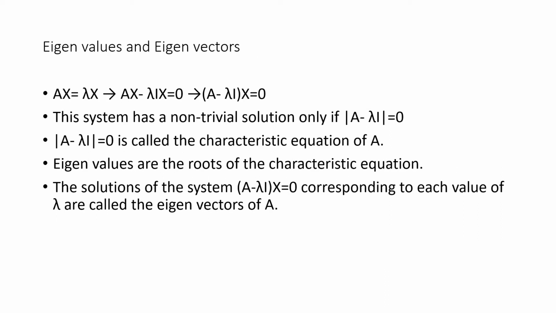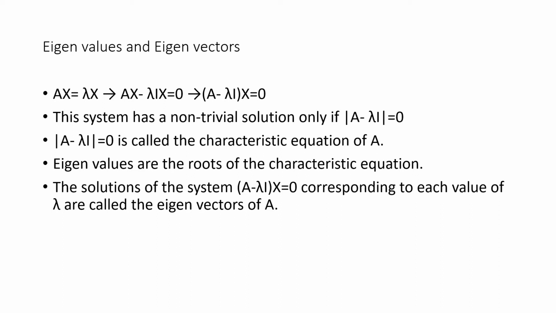Now we will discuss how to find the eigenvalues and eigenvectors. In the last slide, we have seen that the eigenvalues are the values of lambda that satisfy the equation Ax equals lambda x. This equation can be written as Ax minus lambda Ix equals 0.